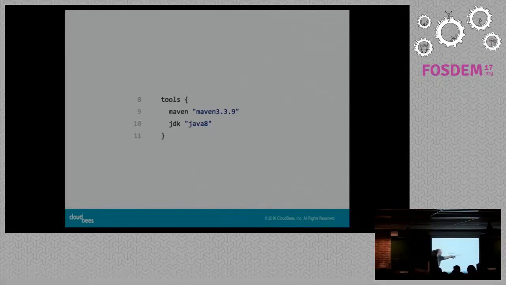Saying, give me a Maven tool with this configured version, give me a JDK tool with this configured version. The important thing to note here is that the tools directive and tools installer doesn't actually work on Docker containers. I'm working on that. That's a limitation in pipeline in general, and I am working on that. But if you're running on just straight agents, this will work for you out of the box.